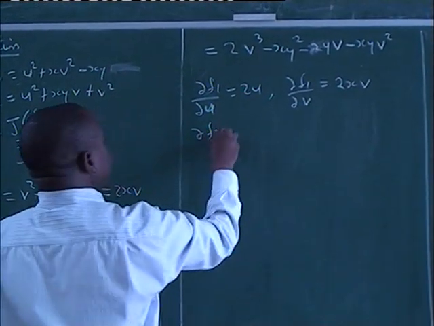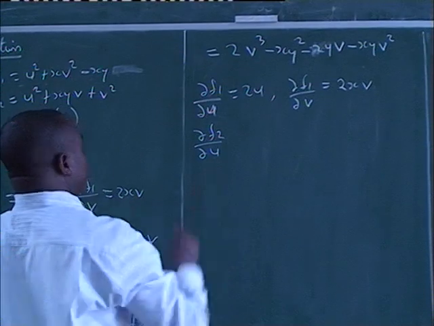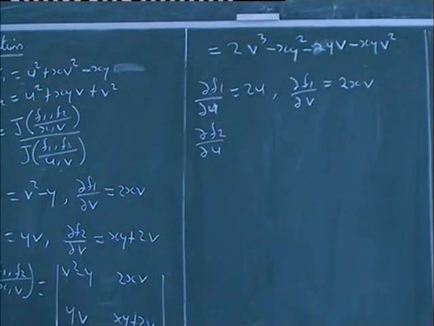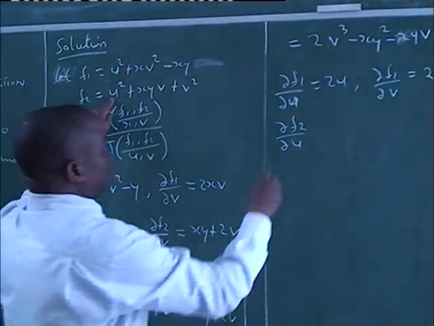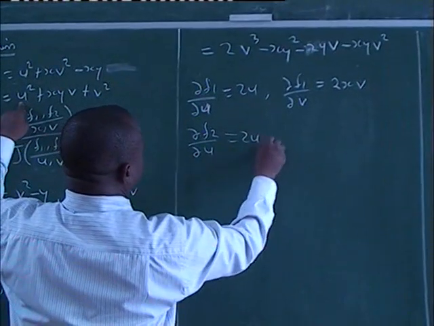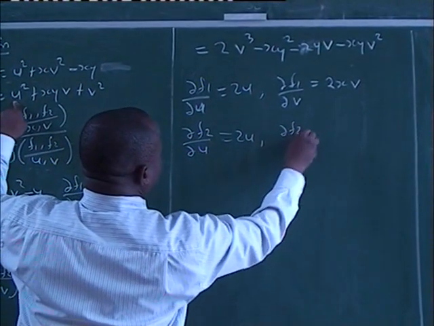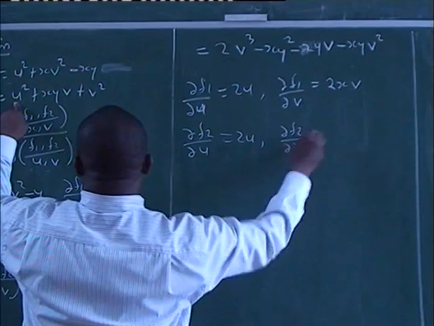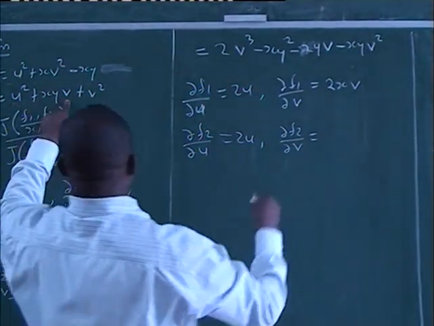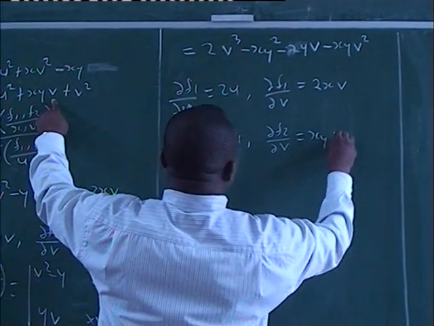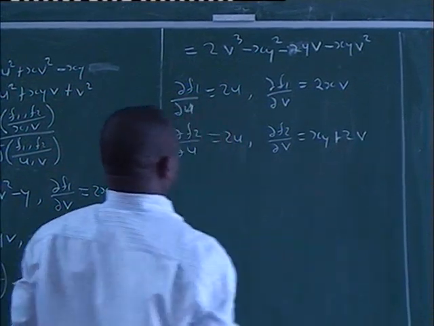Now partial f2 partial u is also giving us 2u. Now partial f2 partial v is giving us xy plus 2v.